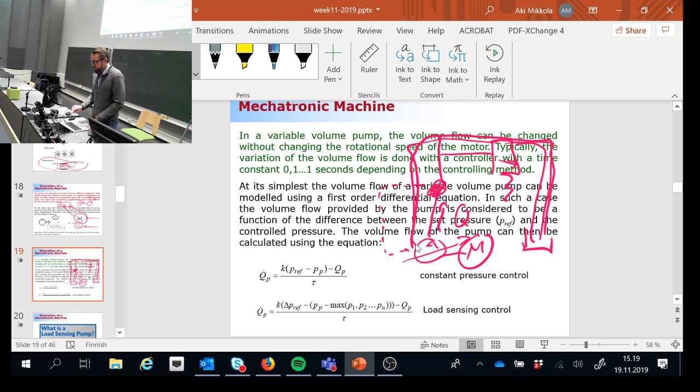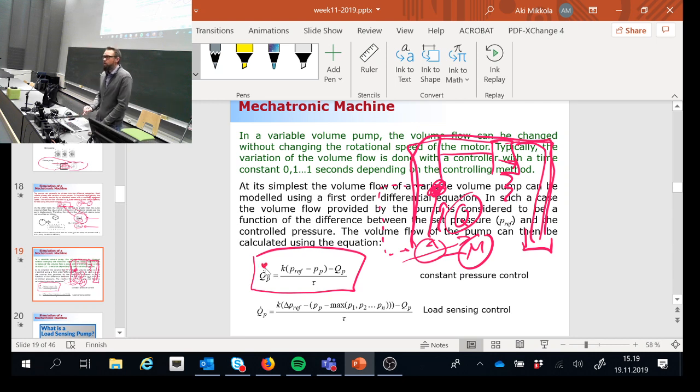Now this variable volume pump can actually control the amount of flow that is produced to the system, and that is described mathematically, again using a first order differential equation, and the differential equation goes like shown here. Now this needs a little bit of explanation. Here first of all I have Q dot.